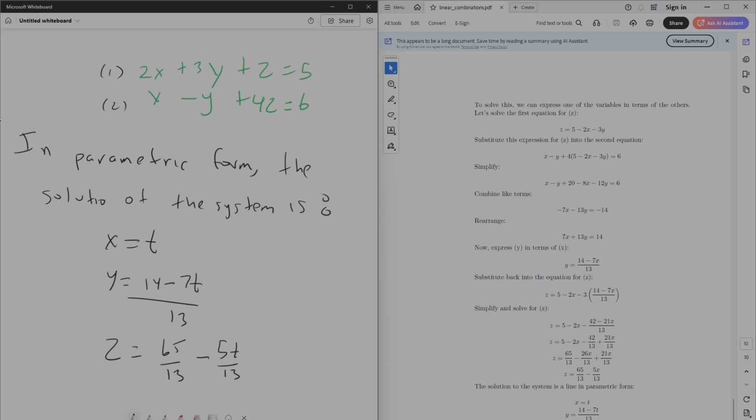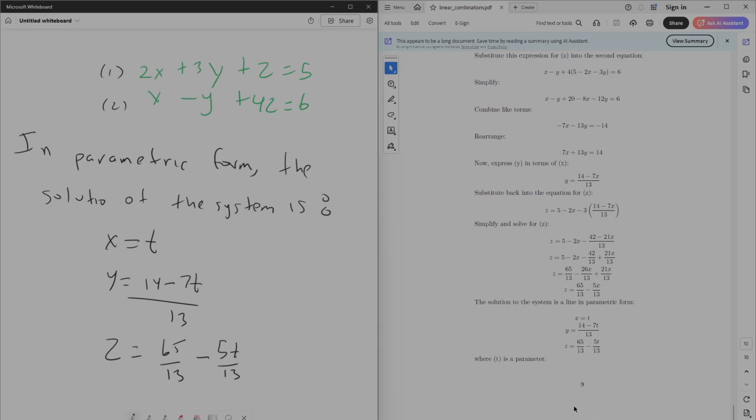So what we did before is we solved for each variable in terms of x, and now we let x equal t, so we let it be a free variable. t is the parameter.